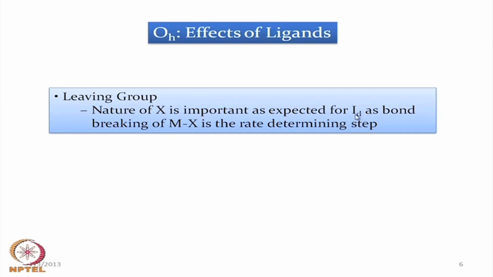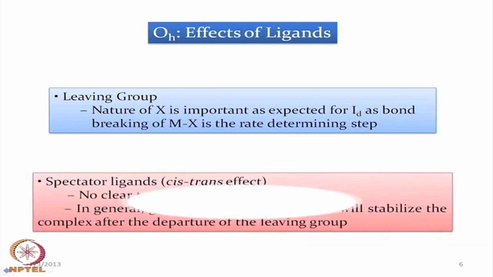So, it can be a dissociative pathway, but of intermediate type, not fully dissociative or fully associative, as bond breaking of M-X is the rate determining step. Why is it dissociative? Because X has an important role to play, and the RDS, the rate determining step, is the bond breaking of M and X.